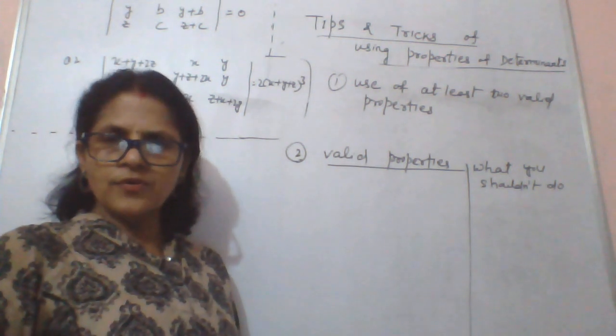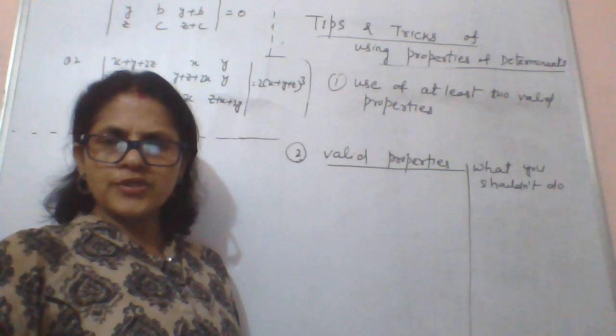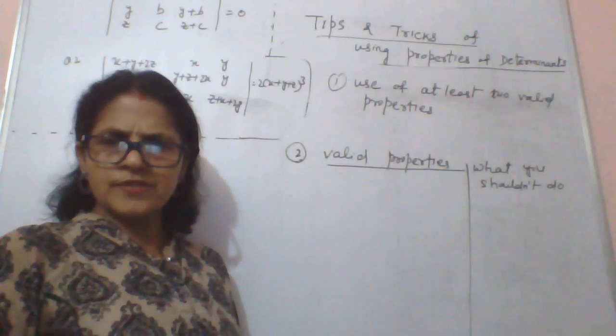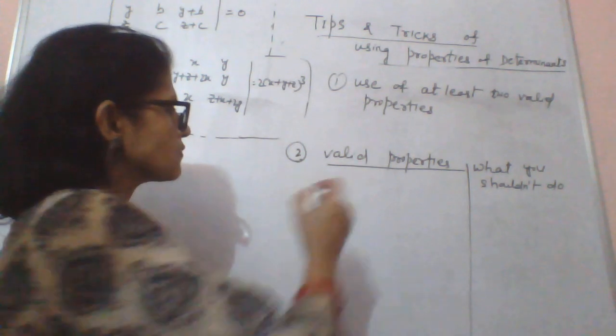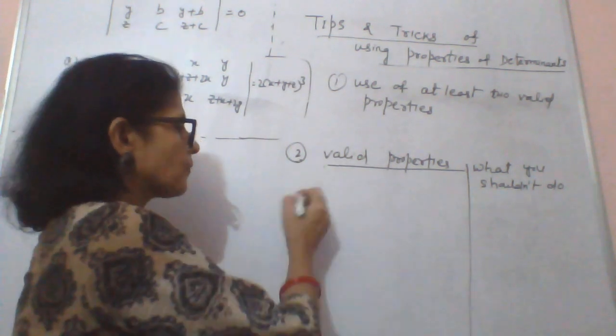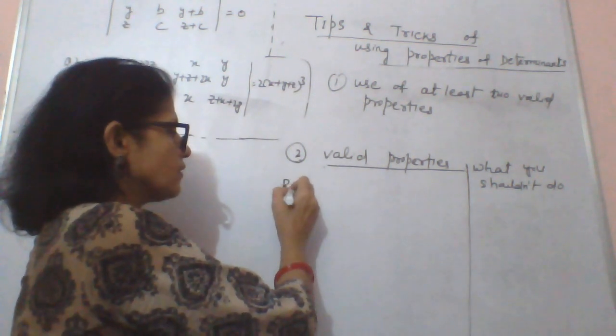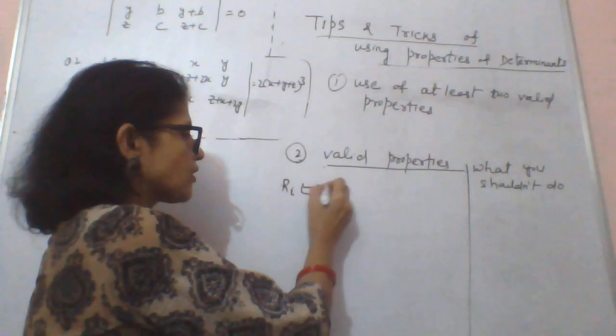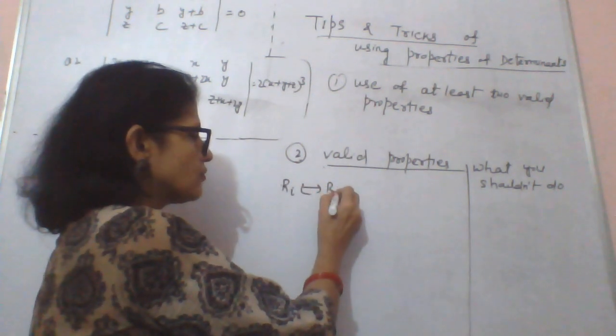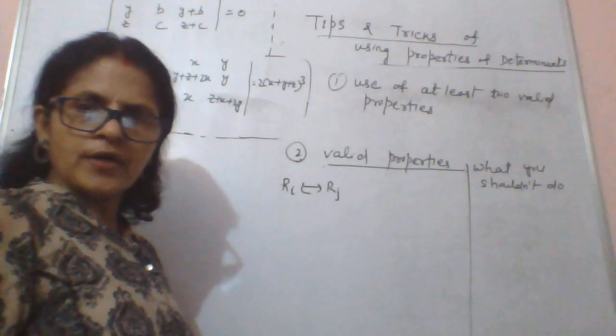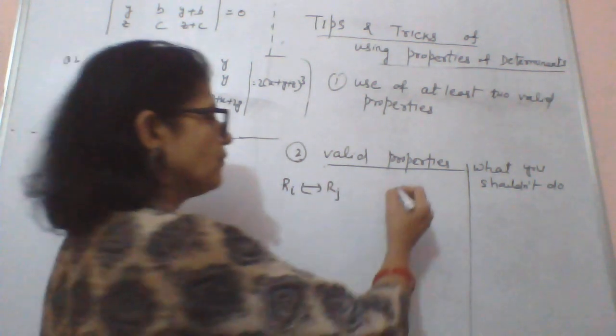Sometimes, like R1 R2 interchange, we may make very common silly mistakes. So for that reason, valid properties means, first of all, whenever you interchange any two rows, R1 R2, R2 R3, like this, that you do.